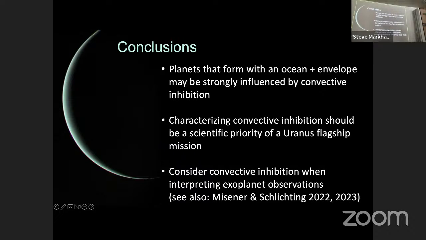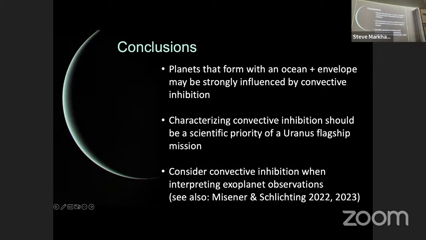If you look at the evolution and size that's expected, you can compare the two models, right? You can say, let's imagine that this isn't happening, and let's imagine that it is, and how do we expect the radius to evolve as a function of time? And I think crucially in those first 100 million to a billion years, there are different predictions. So as we continue to get exoplanet statistics, we can see to what extent that pattern is reproduced.